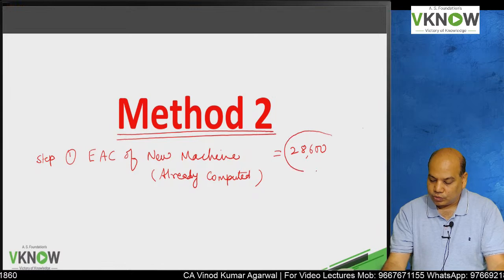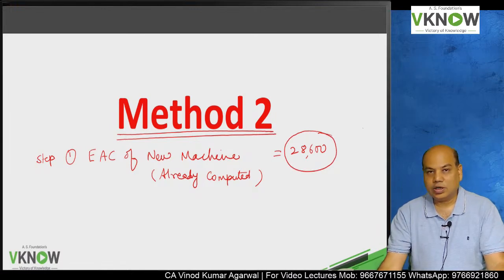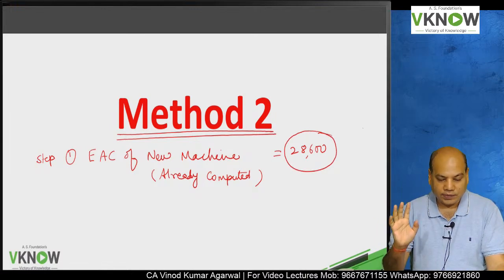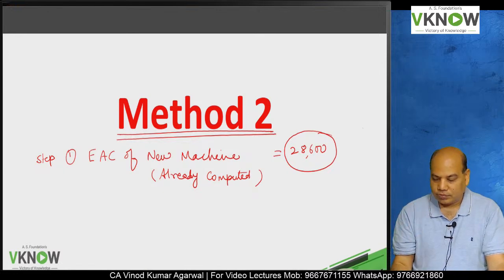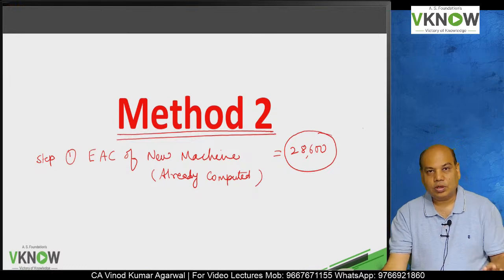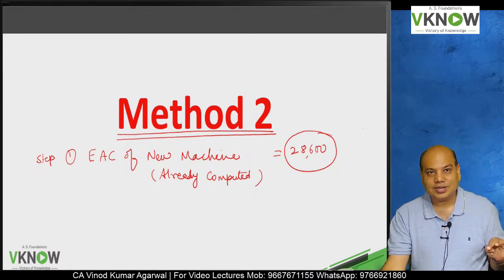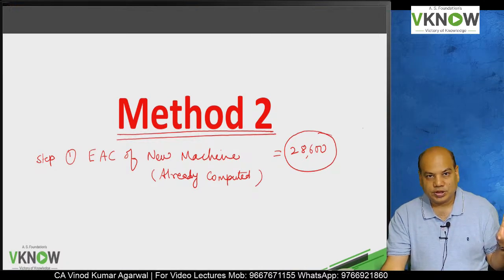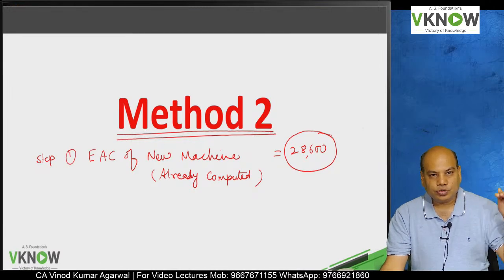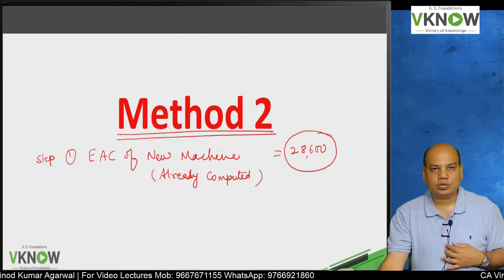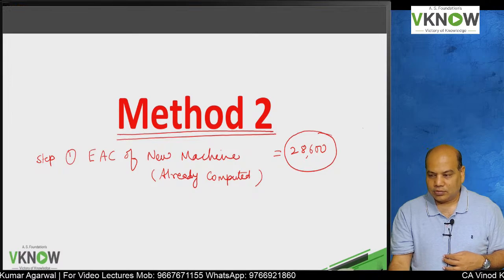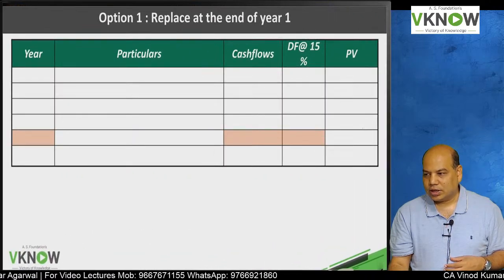And if this is lowest, then we'll replace now. Understood? If this is lowest, then it is better to replace now only. And then what I am going to do? I am going to compare EAC of old machine if used for 1 year, if used for 2 years, if used for 3 years, and if used for 4 years, and then whichever is lowest, that we will take.